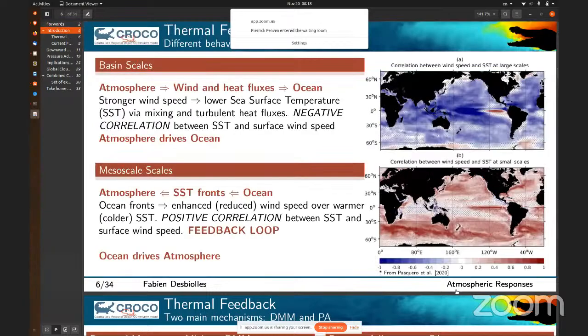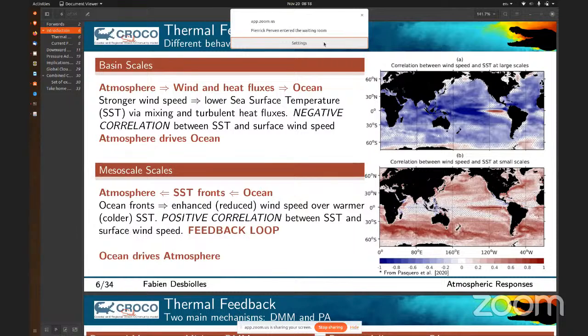So let's start. So thermal feedback, here what I show you is actually the correlation between wind speed and SST. On the top figure, we see a very, very strong, significant negative correlation. What does that mean?